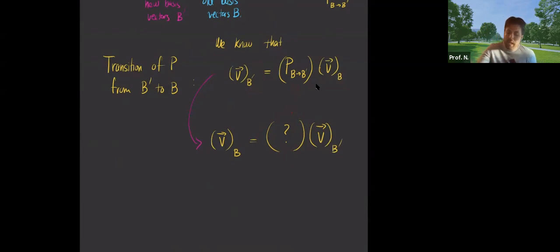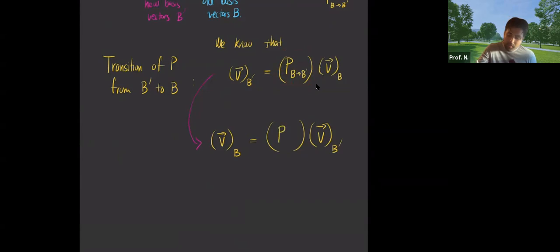If you think about it, how would I get rid of this matrix and just have this alone? Right, the inverse. I would have to multiply this by its multiplicative inverse. You see that? It would have to be the inverse of this. So these matrices are inverses of one another.